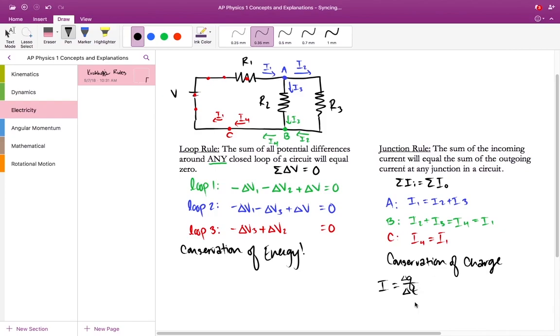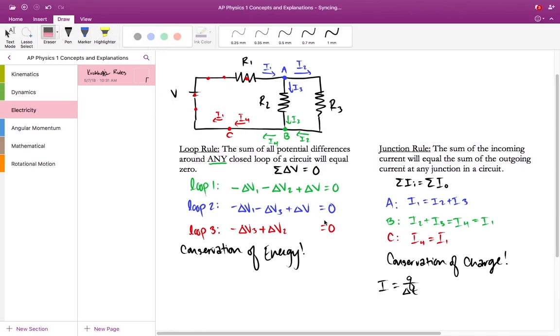In fact, there might even be a delta up here, I'm not sure. But some amount of charge over some amount of time. And so we say that charge is conserved because all of that charge has to flow through this point. None of that charge can get lost as it flows through any particular junction. So this is a statement of conservation of charge.